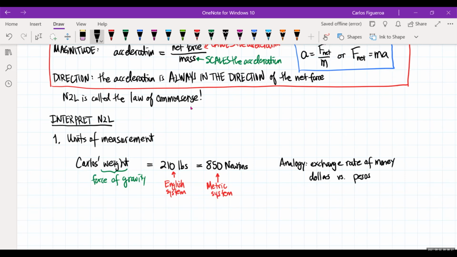If I have $5, I can look at the exchange rate and I get the exact same amount in pesos, right? There's a rate that's set, but it's not that one is better than the other. It's just that there are 2 exchange rates. For science, the metric system is far superior. And I wish our country would change to the metric system because it's easier.